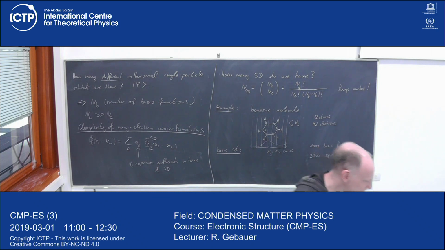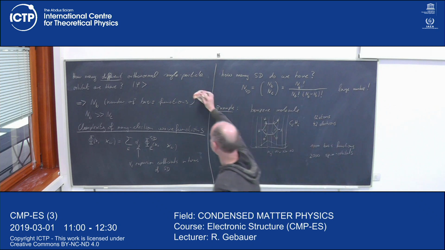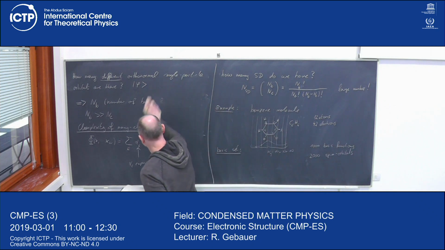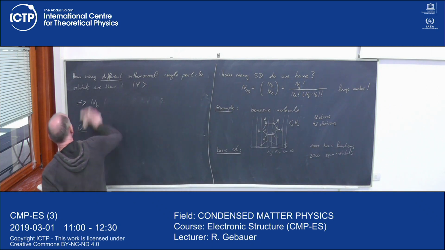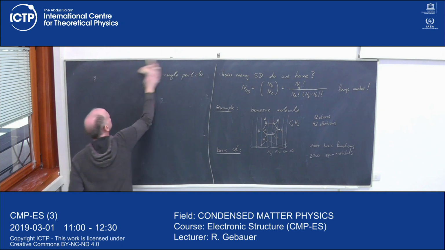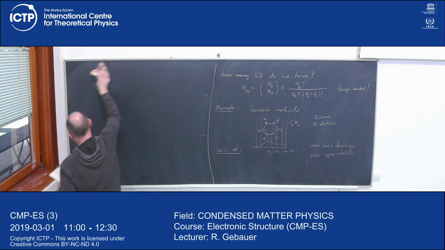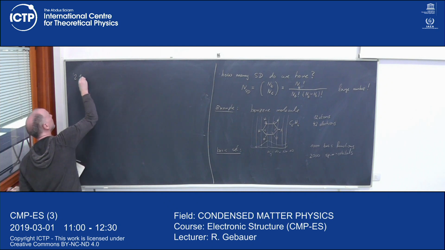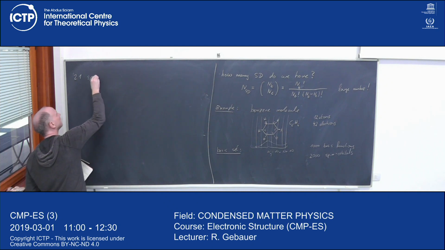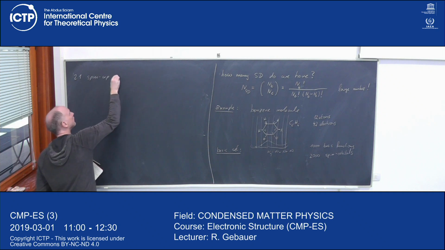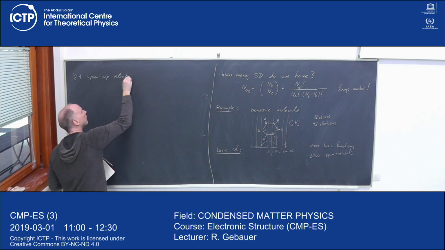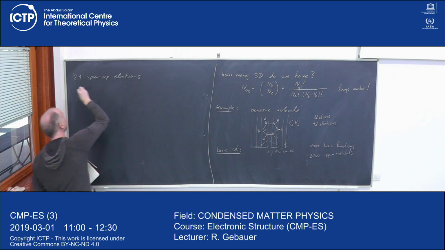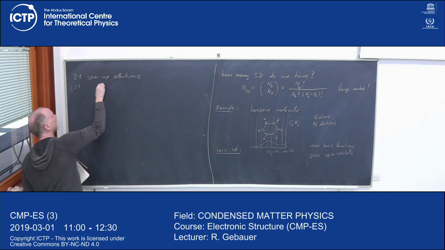So we have 21 spin up electrons, and in the same way, 21 down.